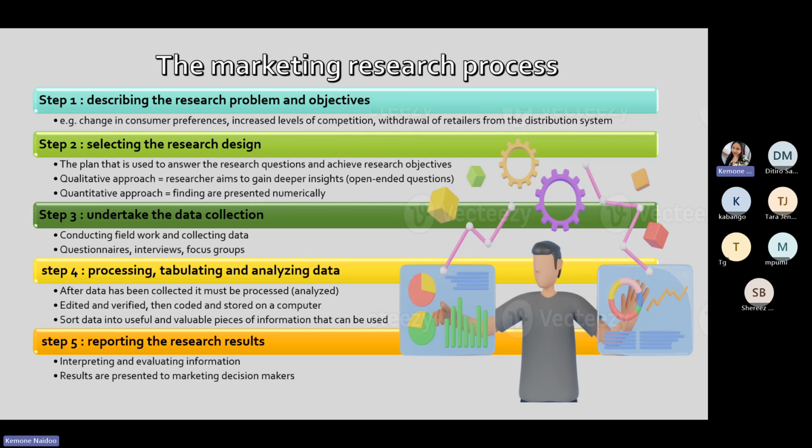So we're gathering all of our information, we're analyzing this data, we're editing it, we are sorting it out into useful categories so that other departments can also make use of it. And so that also when we are strategizing, we know exactly where to look. And then step 5, we are interpreting all of this information that we have found. Okay, so this is the market research process, quite a simple process.